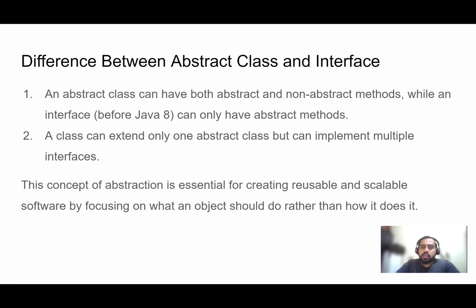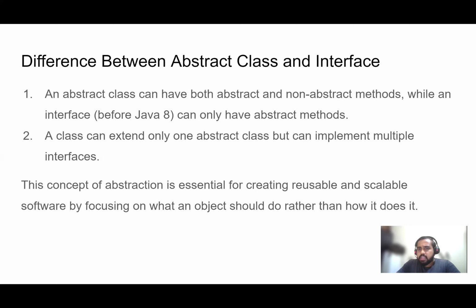Suppose a child class tries to extend both parent class A and B, and the same method is present in both classes. When you try to call that method in the child class, the compiler will go into ambiguity about which method should be called. That is the diamond shape problem. So in order to avoid that, in Java one child class can have only one parent.